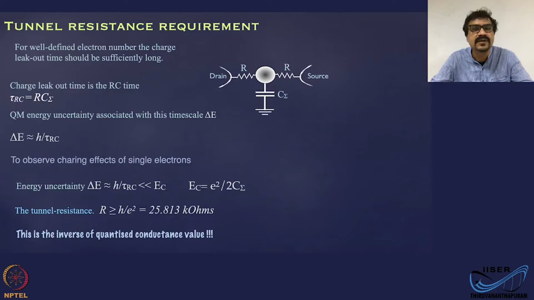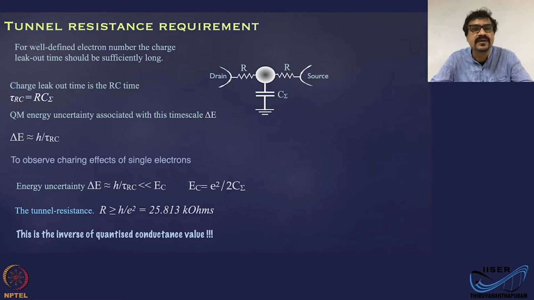It should not fluctuate over a sufficiently long time, or the charge from that body should not leak out immediately. In other words, the charging energy EC should be well defined, or the associated time uncertainty with that energy should be basically low. Uncertain time should be low. That means the time should be long.